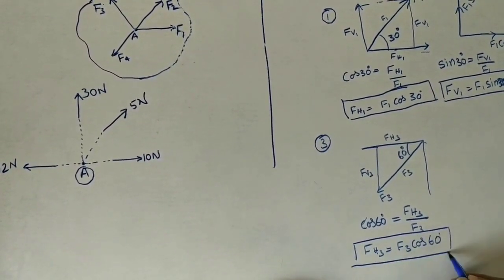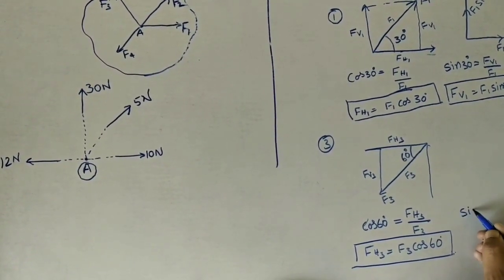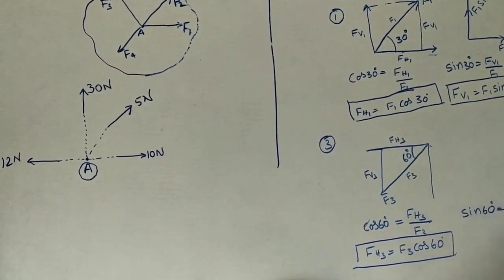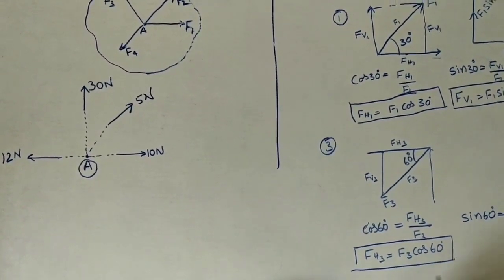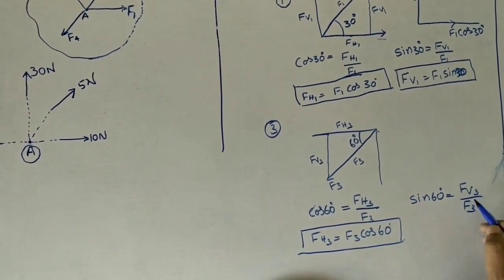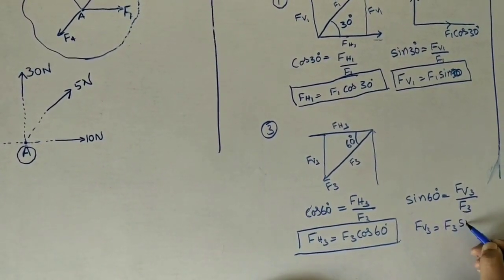This is the horizontal component. For the vertical component, sin 60 is equal to FV3 by F3. We need to find FV3, so FV3 is equal to F3 sin 60.